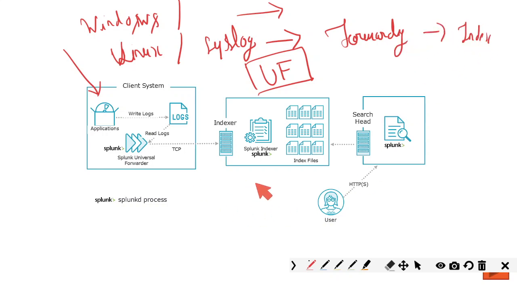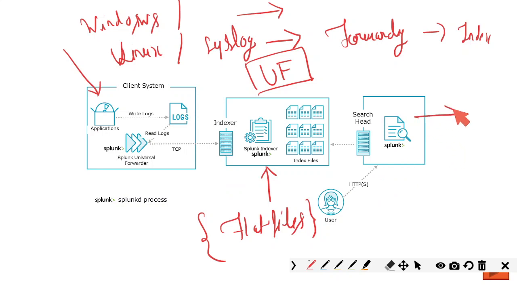Now you can see at the second level, these are the indexers where the logs will be stored in the form of index files, or flat files, we can say. When we perform any kind of search, those search jobs are distributed to the indexers. And as you know, this is the search head where all these Splunk users or Splunk power users will be performing all their day-to-day operations, right?